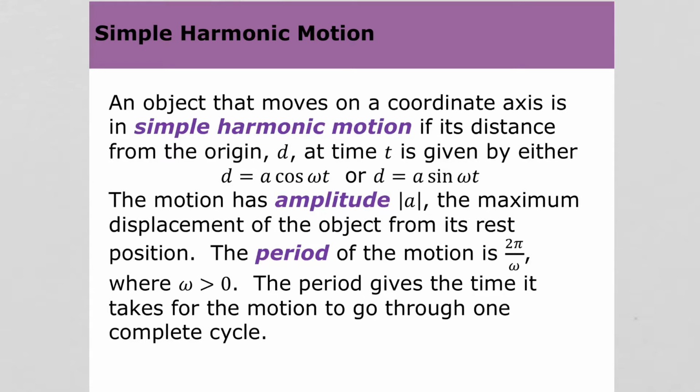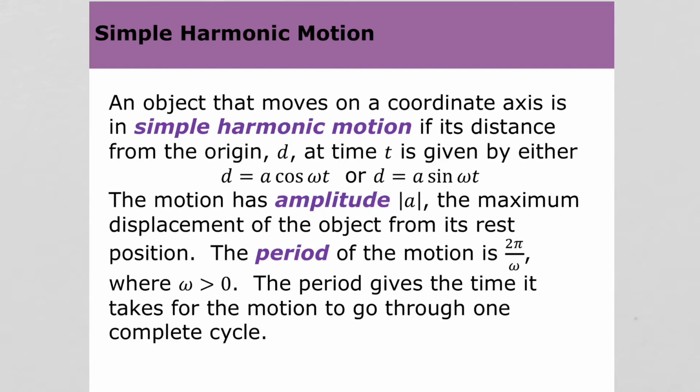An object that moves on a coordinate axis is in simple harmonic motion if its distance from the origin at any time is given by either d equals a cosine omega t or d equals a sine omega t. So d is the distance, t is our time. What's a and omega? And yeah, the omega is the w looking thing, by the way.